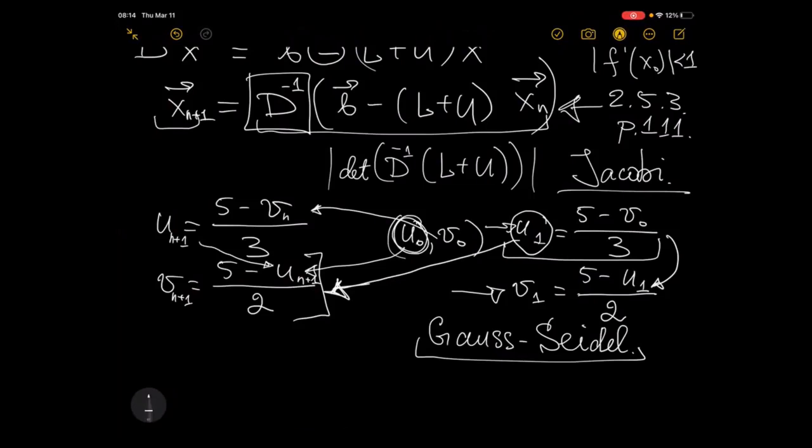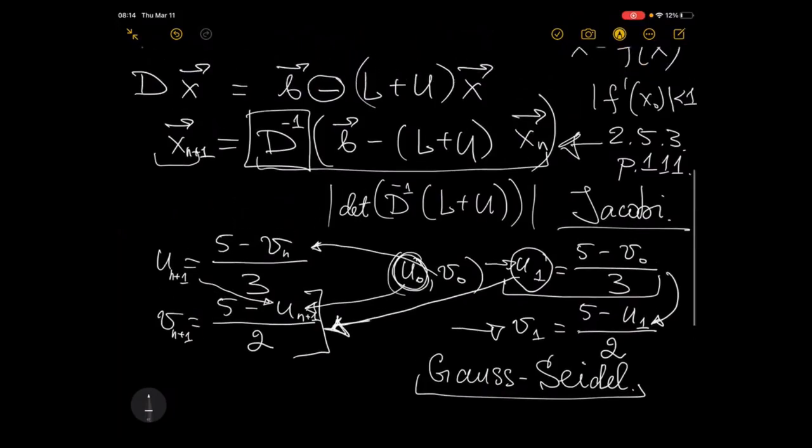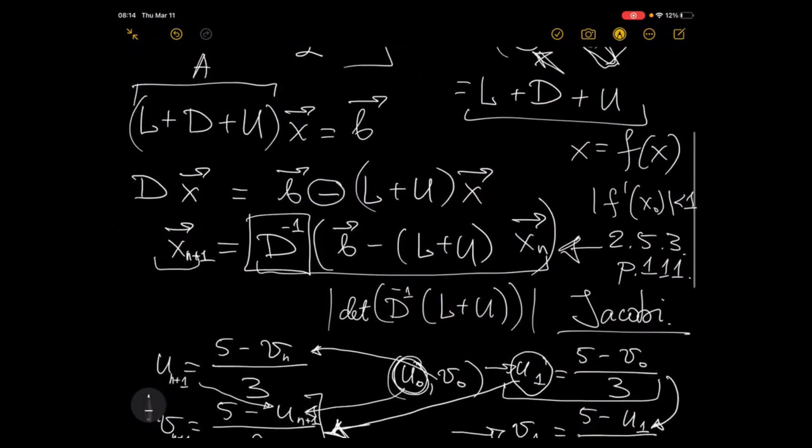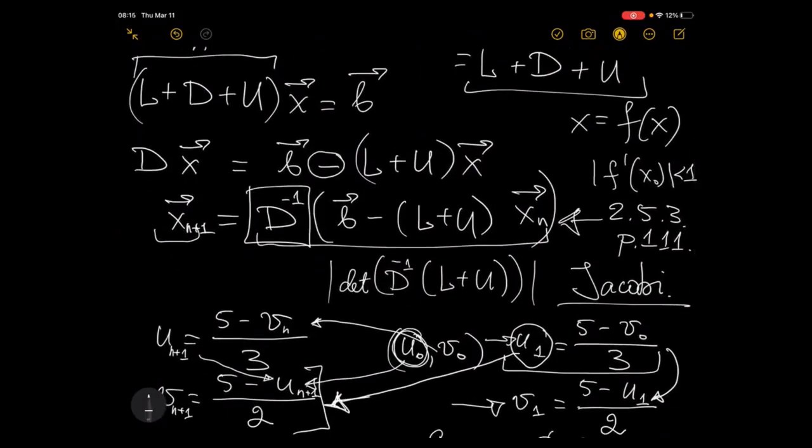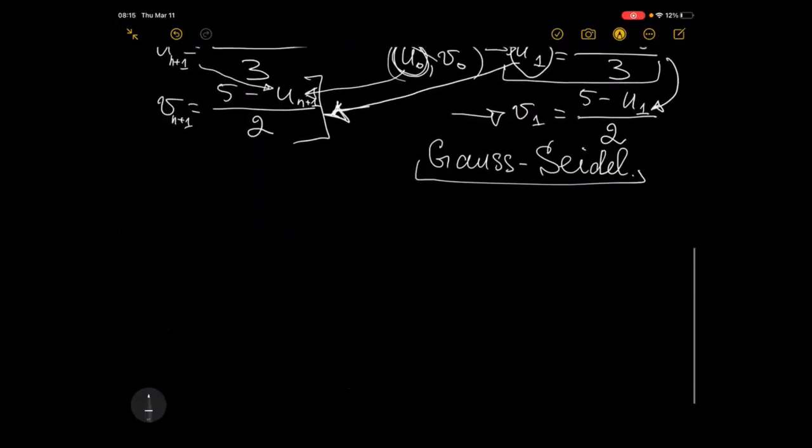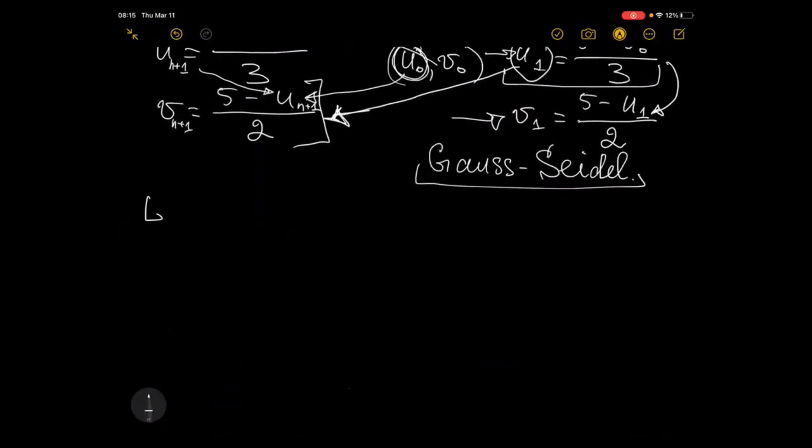So how to formulate it in the matrix form? Essentially, we use the same formula as before, L plus D plus U for the matrix A equals the right-hand side.